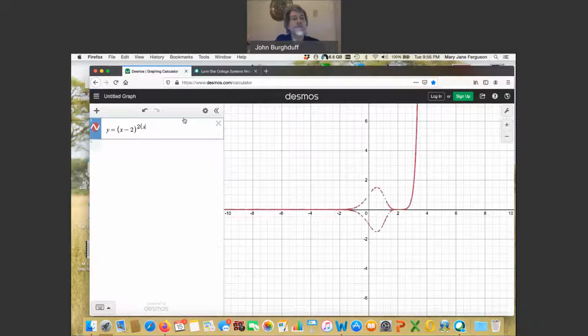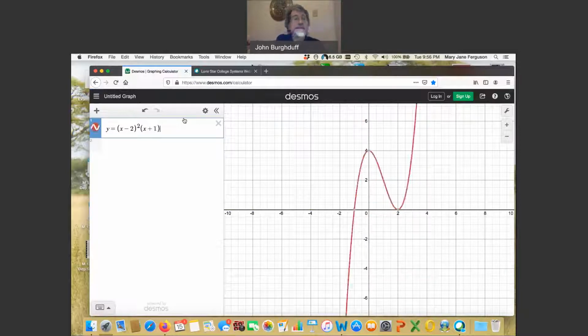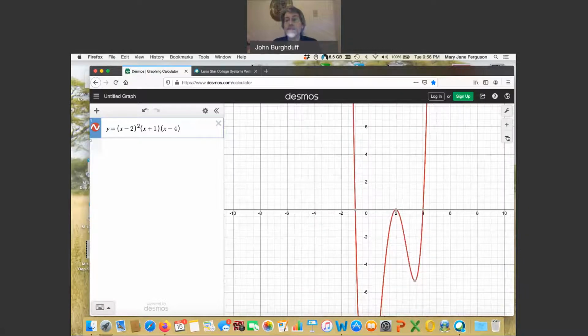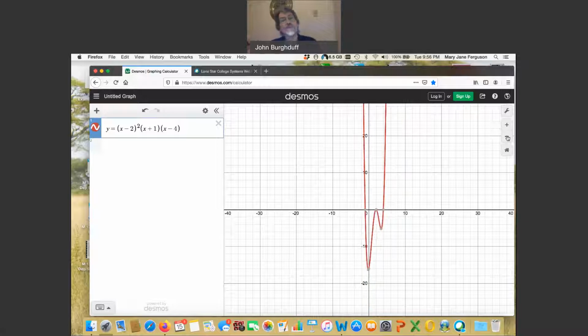Okay, so here is the graph as it stands. And as you can see, it kind of goes a little bit off of the screen. So I'm going to zoom out just a little bit to get a little bit better view of this.